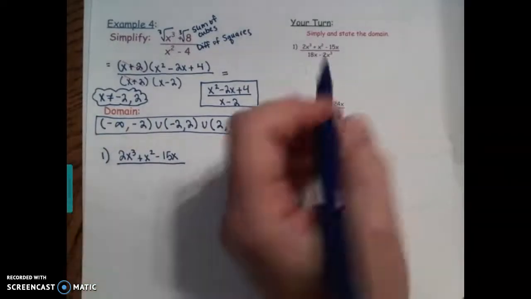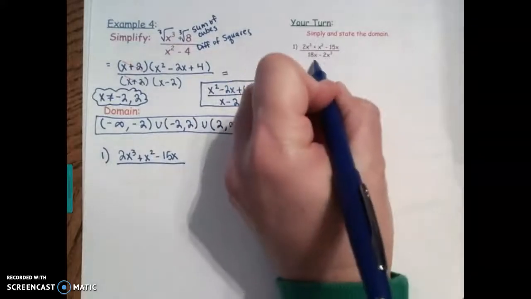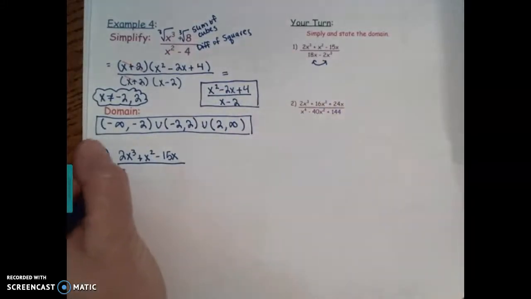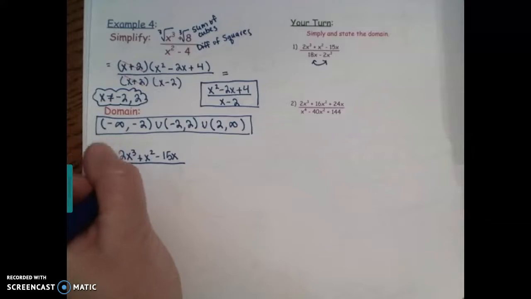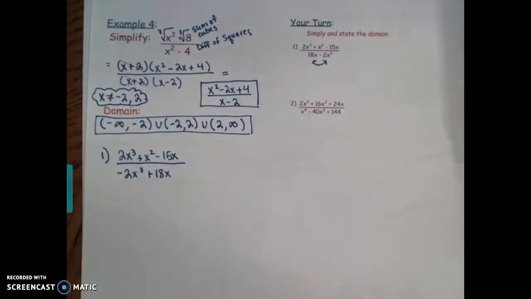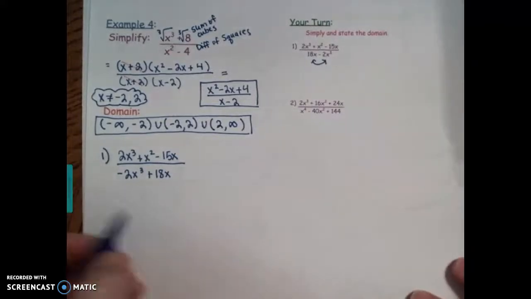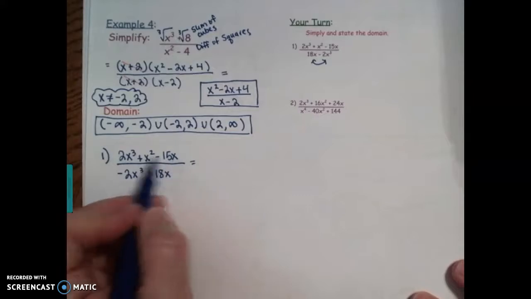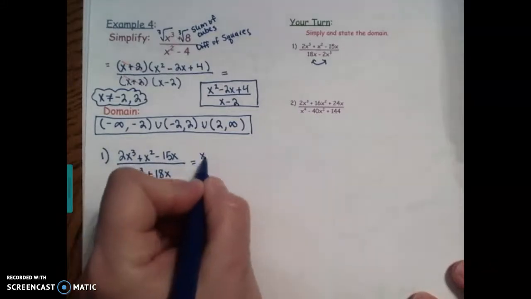So here's our numerator, but if you look, I'm going to switch these around and write them in descending order. So I'm going to do negative 2x to the third plus 18x. And then we'll start factoring from there. So I can see that we have a GCF in the numerator of x.